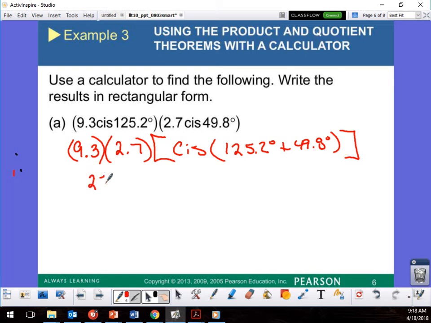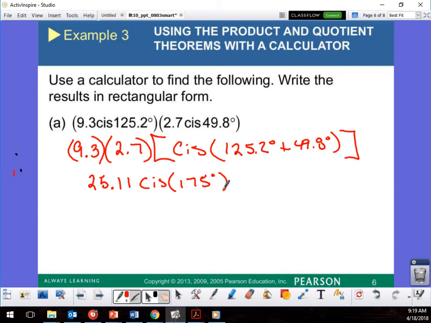Yes. And then this 175. CIS of 175. Exactly. And it says do it in the calculator, so let's go ahead and do that.